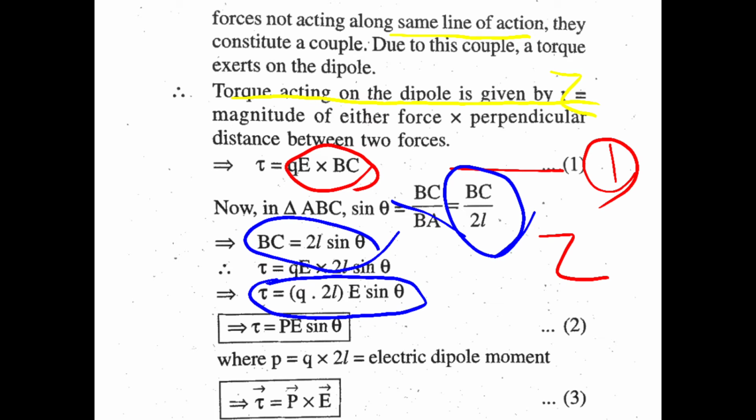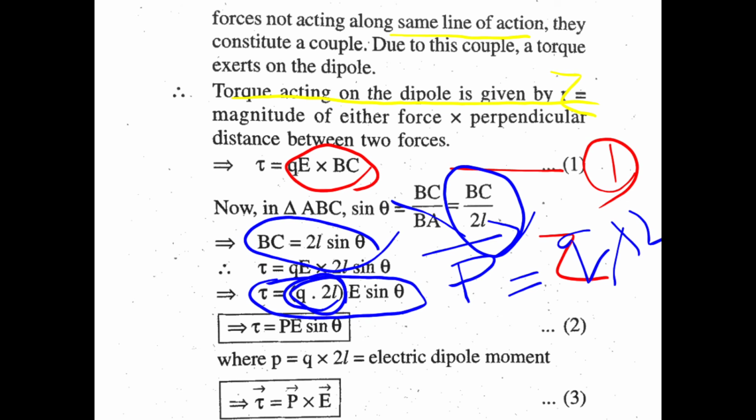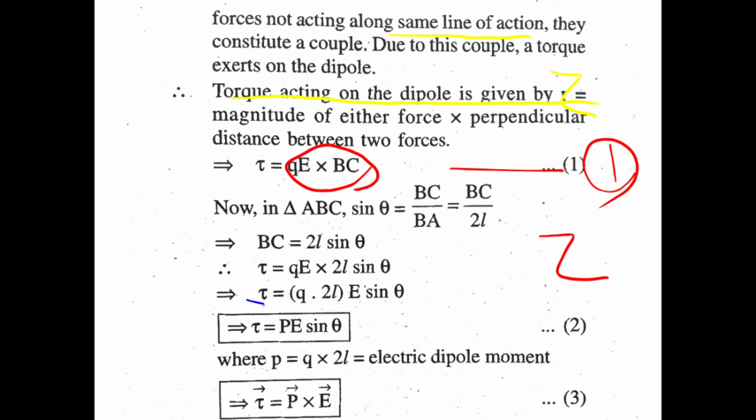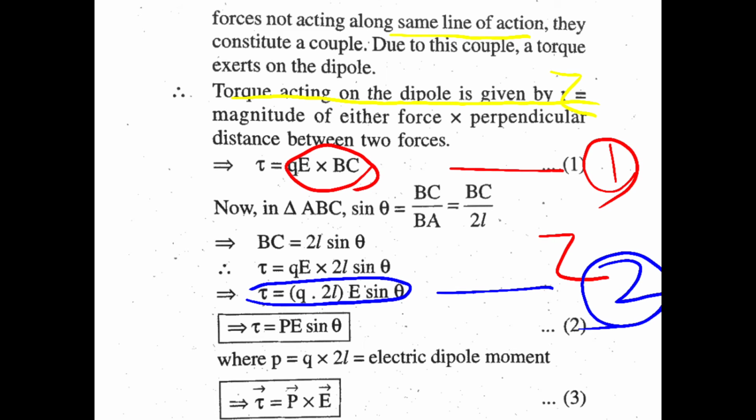So Q into 2L, we know, is the electric dipole moment, p is equal to q into 2L. So we can put the value: tau is equal to p E sin theta. This becomes equation 2, where p is equal to q into 2L, the electric dipole moment.